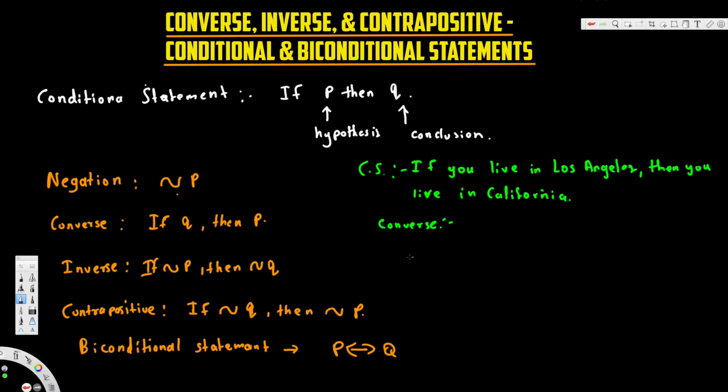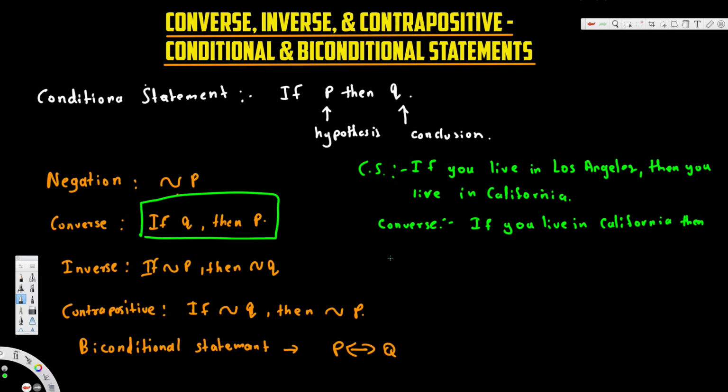If we write it in terms of P and Q, it's if Q then P. But if we write this sentence, it's going to look like this: if you live in California, then you live in Los Angeles. So we switch the second one with the first one.